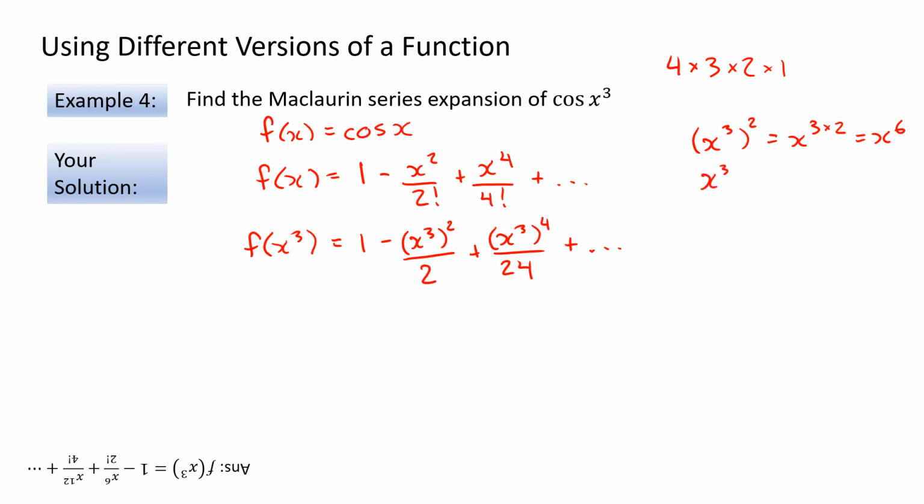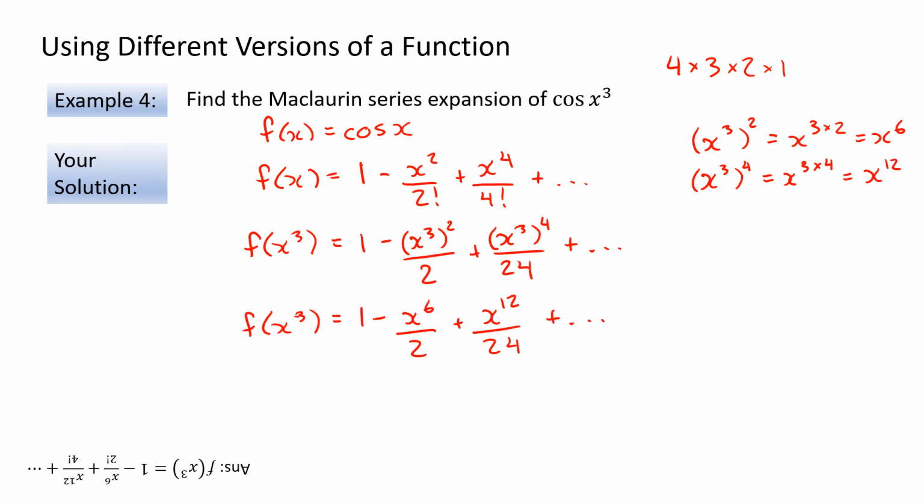Similarly, for the second term, we have x cubed raised to the exponent 4. That's x to the exponent 3 multiplied by 4, which gives us x to the exponent 12. So if we simplify this, we get f at x cubed is equal to 1 minus x to the exponent 6 over 2 plus x to the exponent 12 over 24.